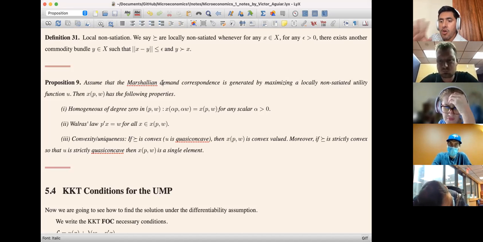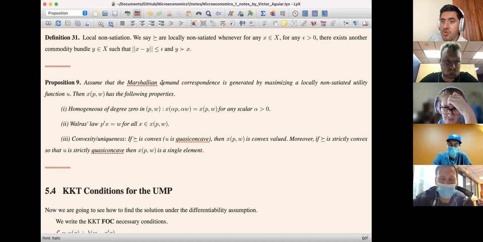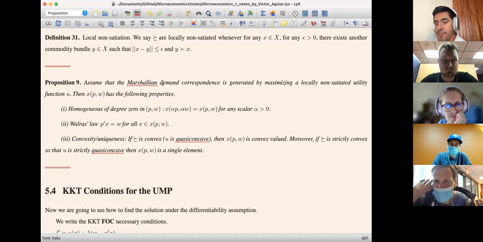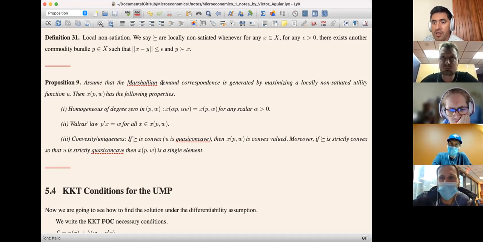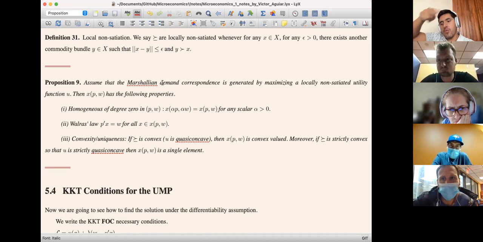But before going there, let's use our brains to prove formally that if you have a locally non-satiated utility function and you maximize it on a budget constraint, you satisfy property 2, Walras' law, that the solution lives on the budget frontier, exactly with equality. How would you prove it?